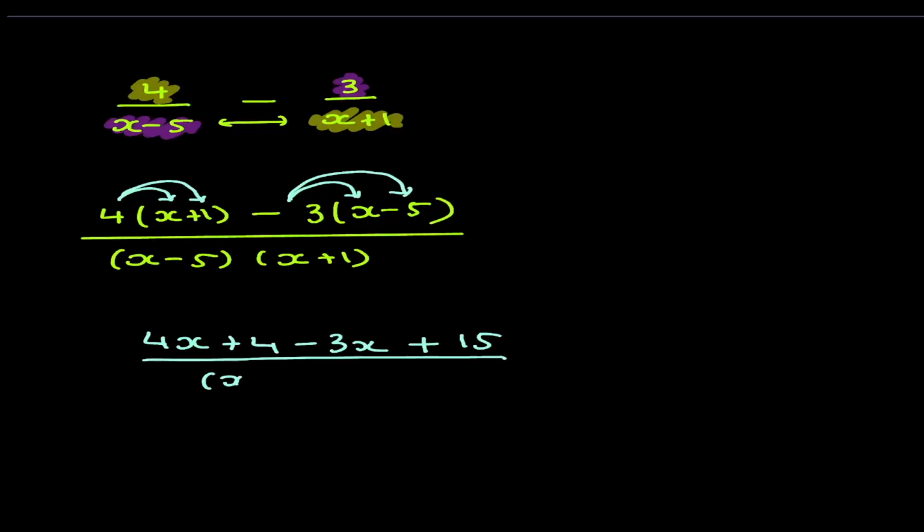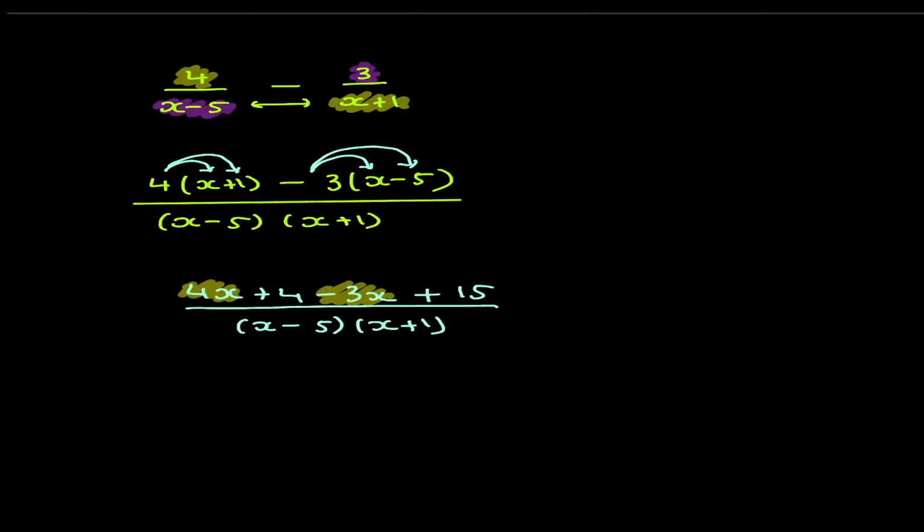On the denominator, you just have x take 5, x plus 1, and now let's collect like terms. So you've got 4x take 3x, which is just 1x again. And 4 plus 15, which is 19. And on the denominator, x take 5 and x plus 1.